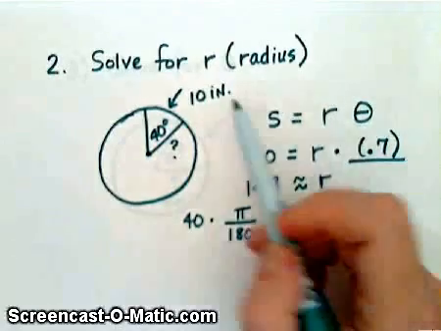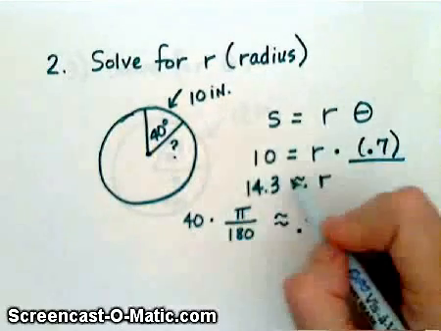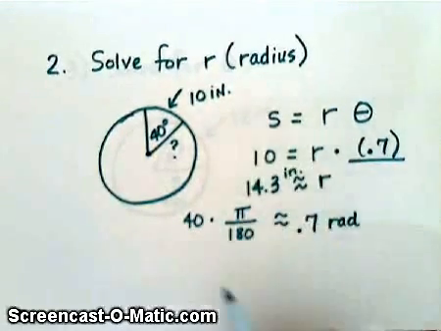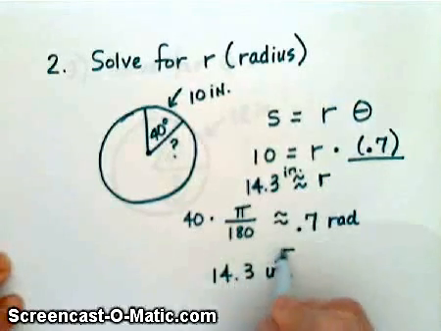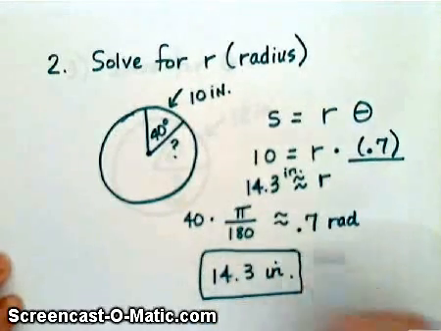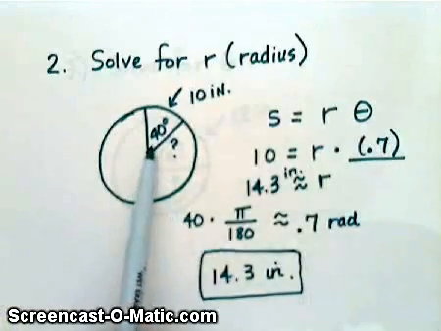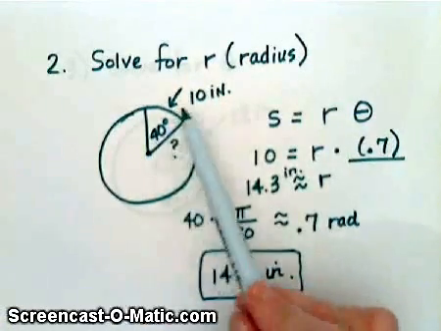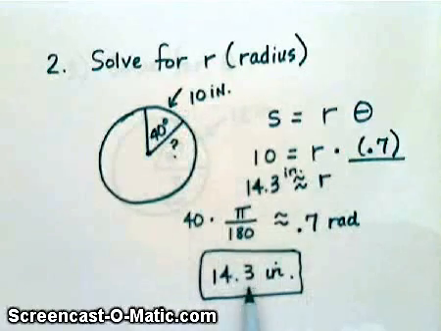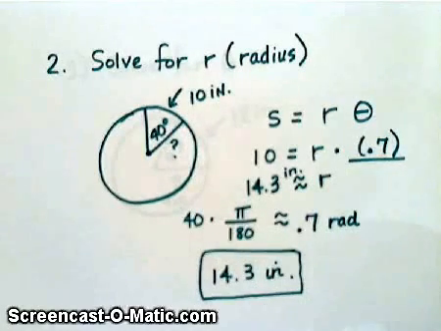And we'll pick up the unit of the arc, which is inches. So the answer is 14.3 inches. Now again, remember, if this had been 57 degrees, these two would have been about equal. This is less, so the arc will be smaller than your radius, and there's your radius, 14.3, so that makes sense.